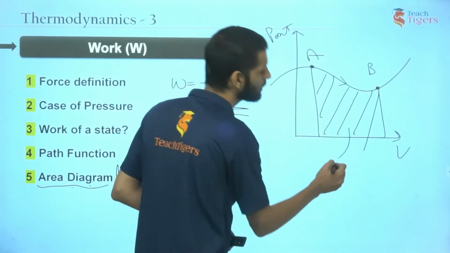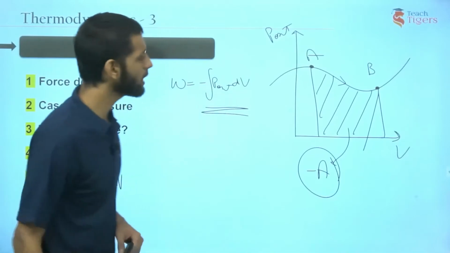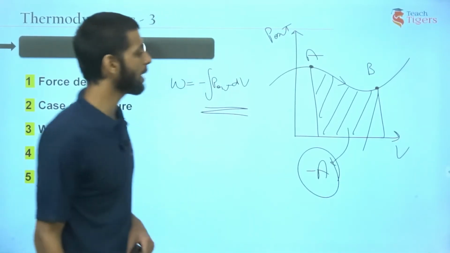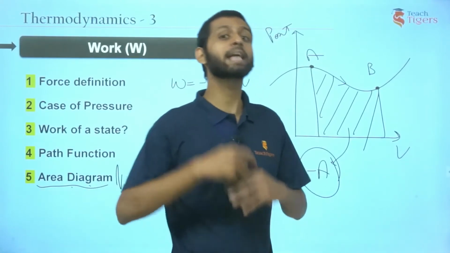So I'm going to write minus A. Why negative sign? Why should I write minus A? Because our system is expanding.